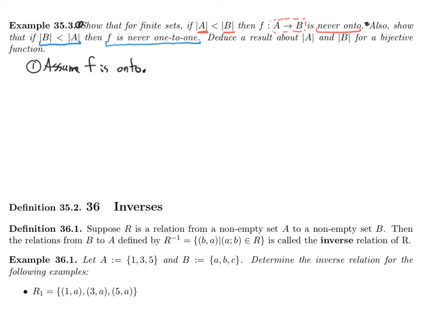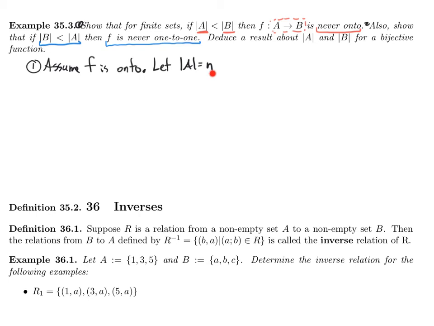Well, if f is onto, and let's let the size of A be n, I guess. So remember, if a function is onto, then every element in the codomain has something in A mapped to it.